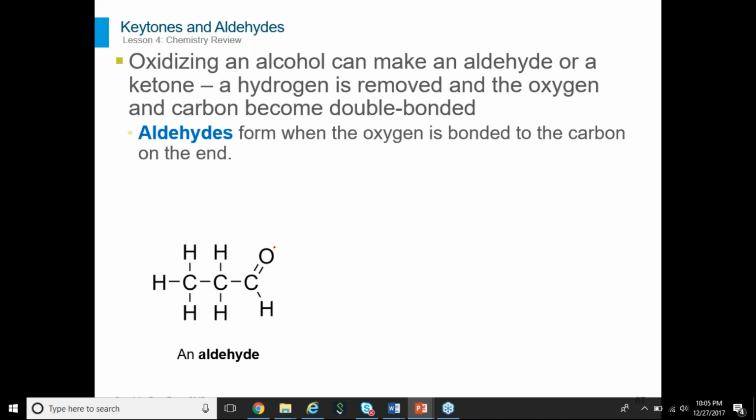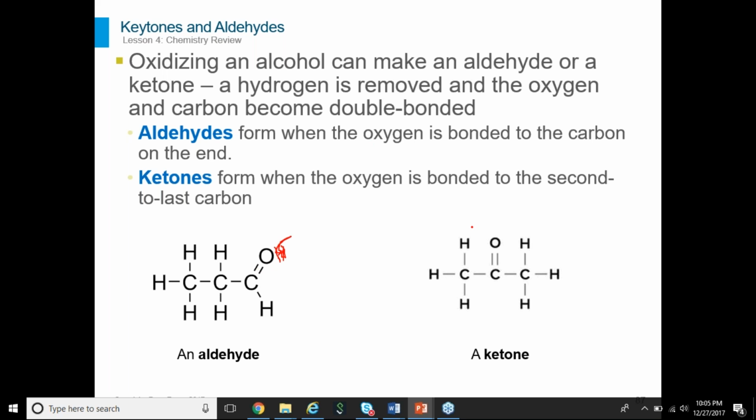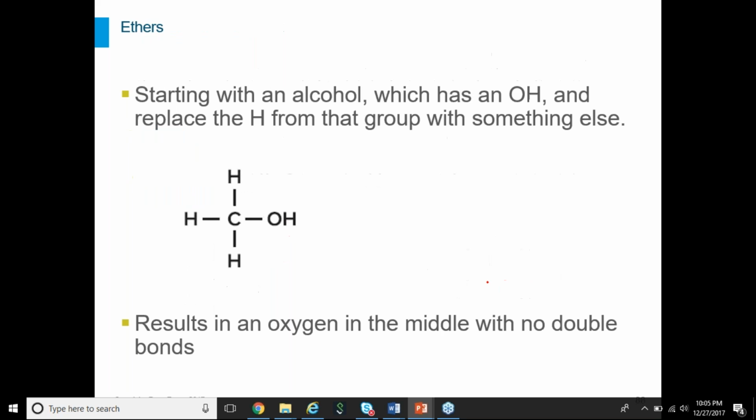So instead of an OH here, so this used to be OH, the hydrogen gets removed, and now the O just double bonds to the carbon. So if you do that on the end, the carbon that's on the end, if that's where the OH was, you get an aldehyde. And if it's the second to the last one, so instead of the end one, it's over one here, then you get a ketone. So these both are things that you get when you oxidize an alcohol.